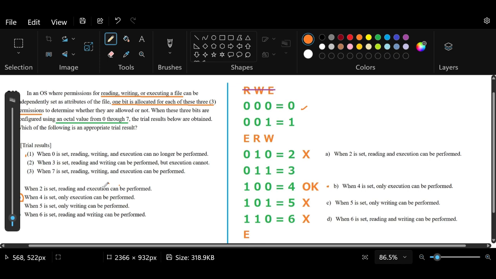Okay, but what about this one? When 3 is set, reading and writing can be performed, but execution cannot. If we look at this part here, when 2 is set, we get 2 here because if you remember the binary counting, 0 means we're not including that, but 1 here means this is 2 to the 1, which is 2.